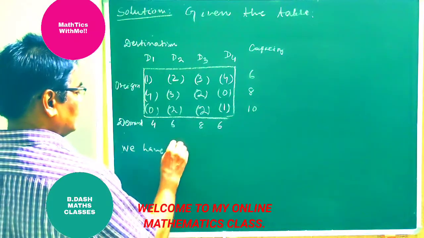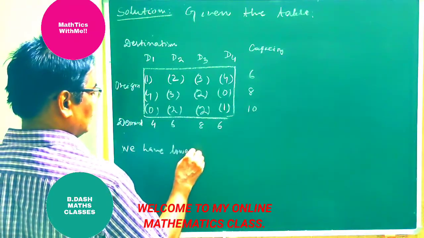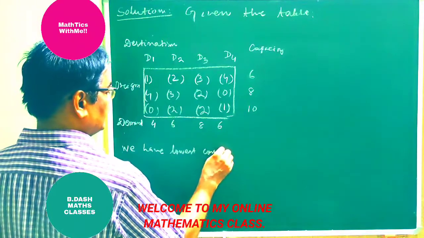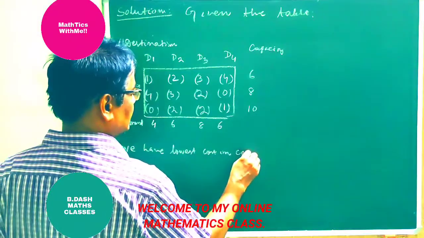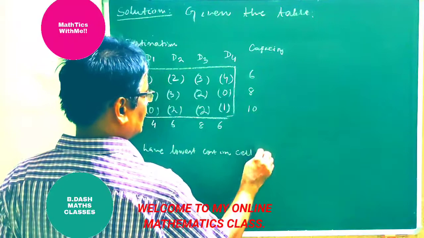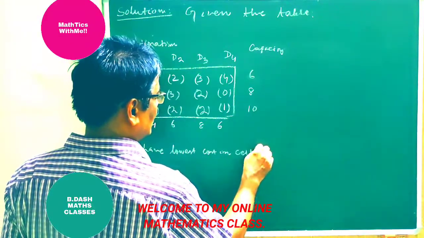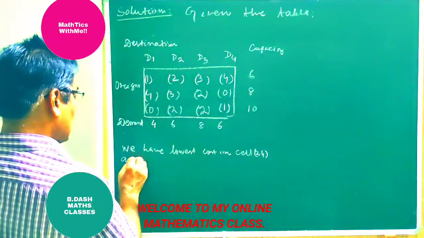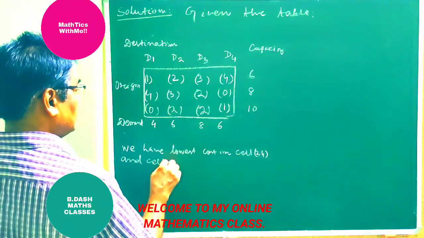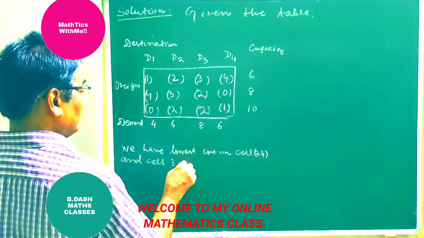We have the lowest cost in cell 24 and cell 31.